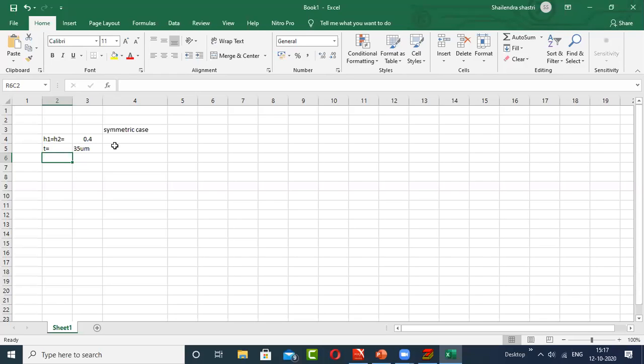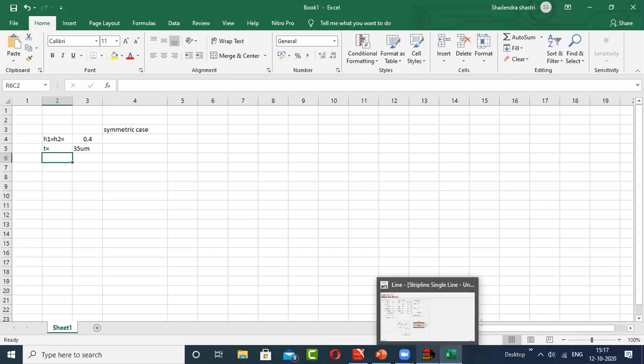For electronic engineering it is not required. 35 micrometer is enough for us. That's why you can try either 17 micrometer or 35 micrometer. No need to go for 70 micrometer, for those working at lower power.